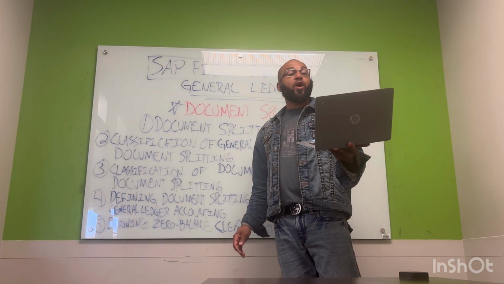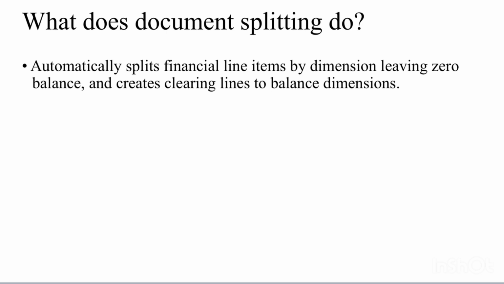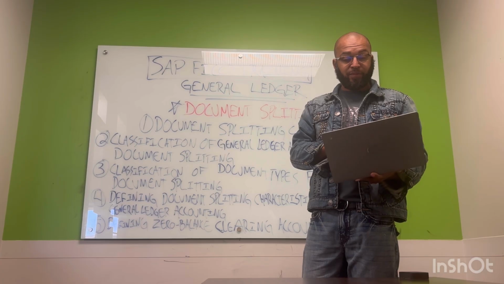Another question: what does document splitting do? Document splitting automatically splits financial line items by dimension, leaving zero balance if selected, and creates clearing lines to balance dimensions.